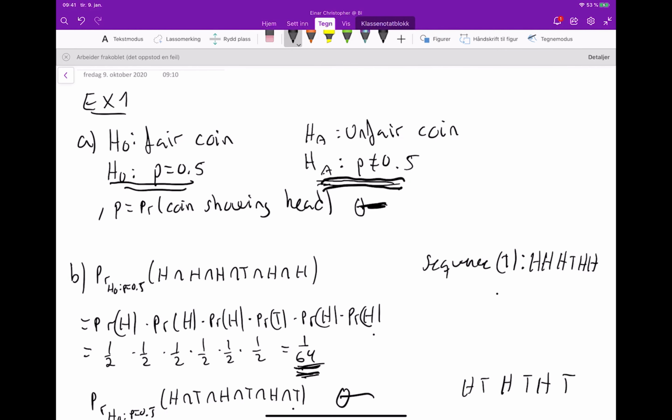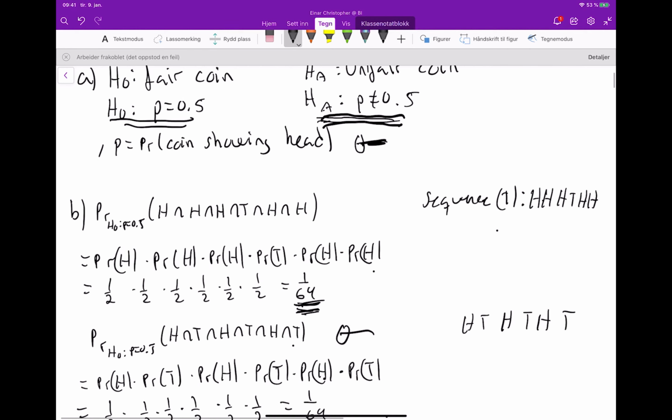In exercise 1b, we are asked to compute the probability of sequence 1, which we are going to refer to later on also. So what is the probability of first head, then head, then head, then tail, then head, then head?